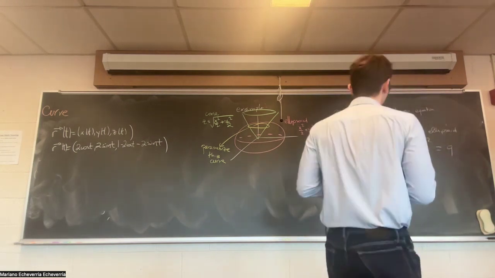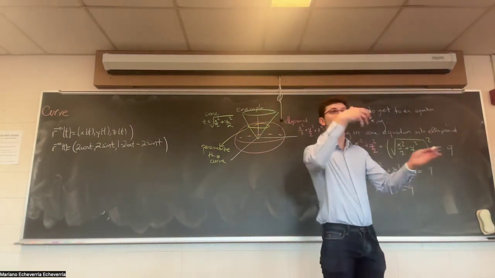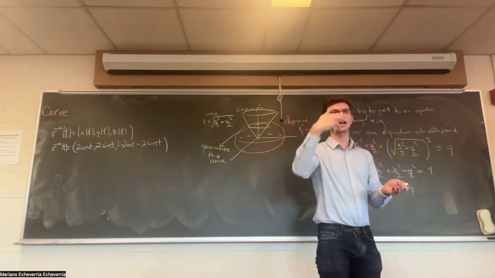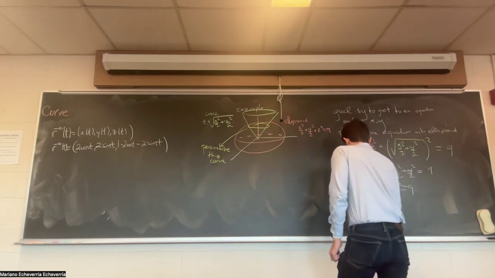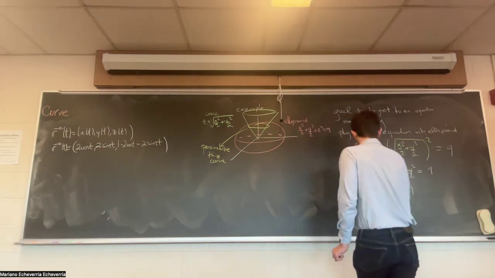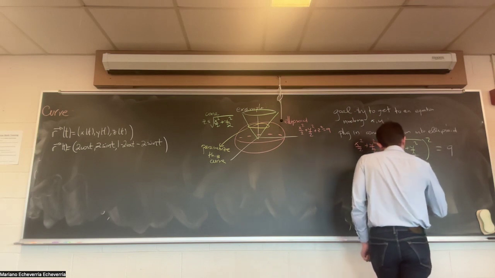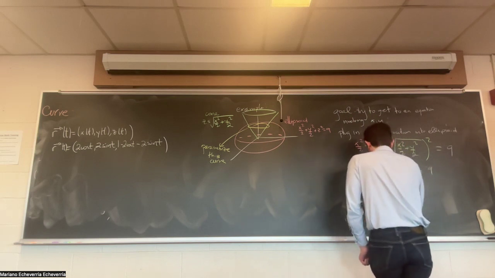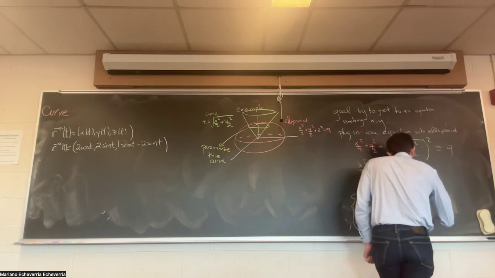Okay. And once you get there, you say, okay, this is a circle of radius 3, and so that immediately allows you to say x equals r cosine of t, y equals r sine of t. So this is 3 cosine of t, and y is r sine of t, which is 3 sine of t.